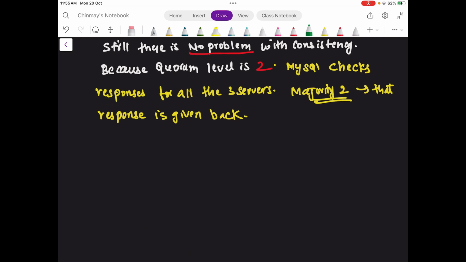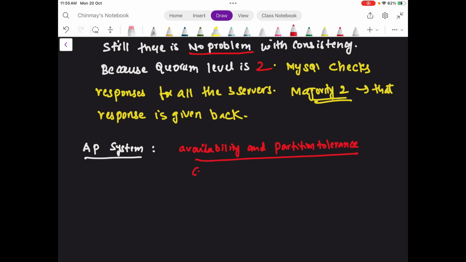Let's discuss the AP system. That means availability and partition tolerance, with a compromise in consistency.